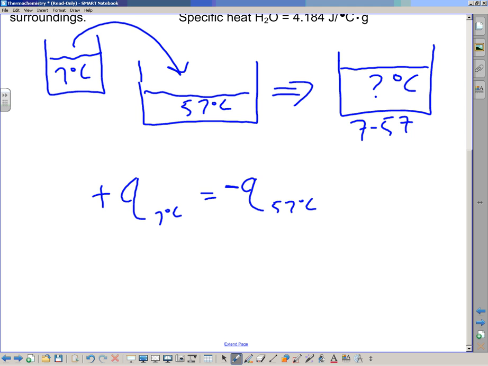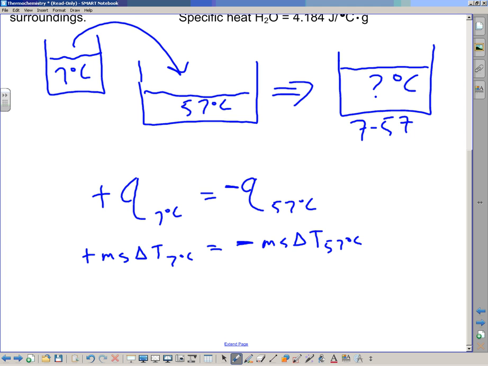So now we're going to have plus ms delta T for the 7-degree sample equals negative ms delta T for the 57-degree sample. Everybody still with me? Does that make sense what I just did there? Now we can go ahead and start plugging in some values, yes? Okay.